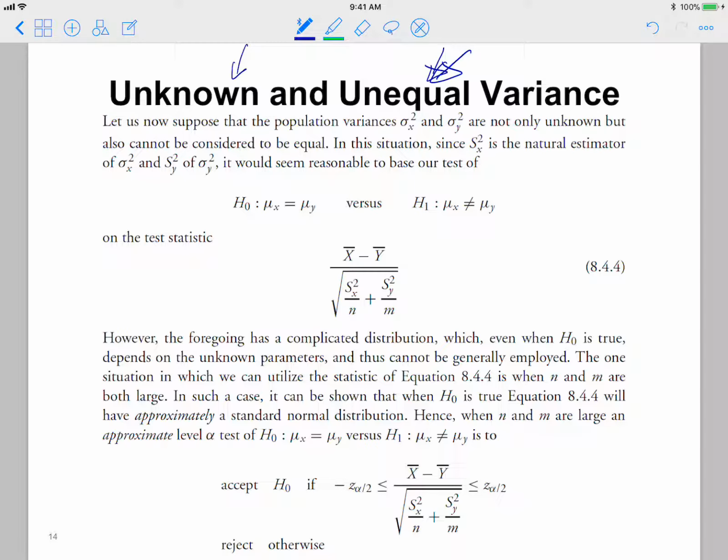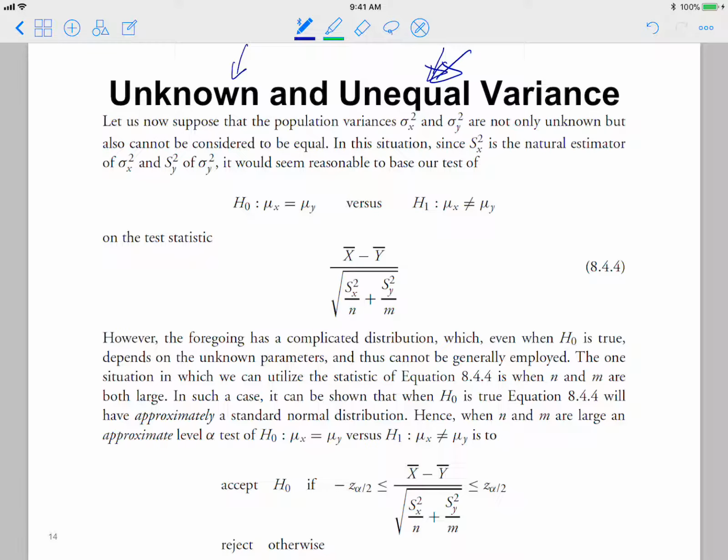So in that case, we have almost no option to model this situation. We can define some really complicated test statistic, but it's out of our scope in this class.